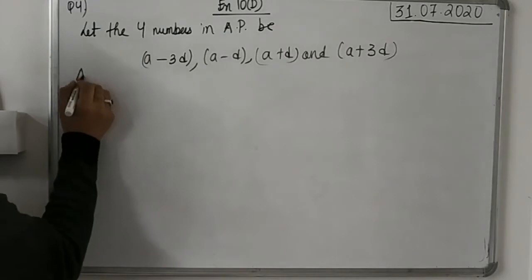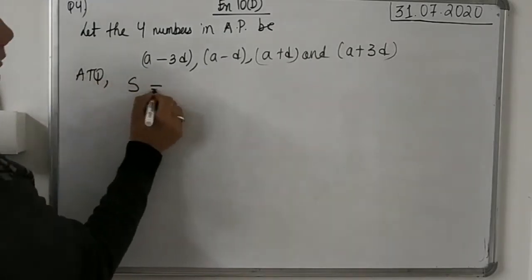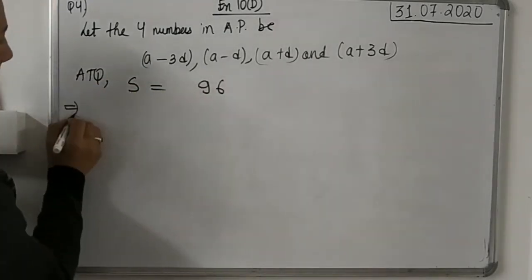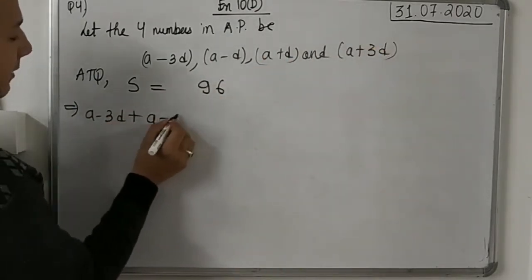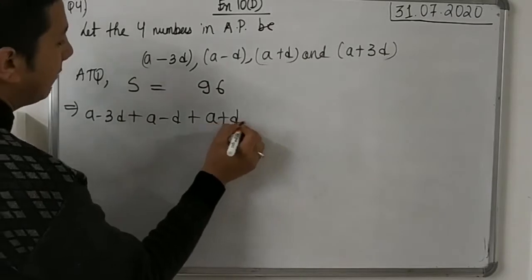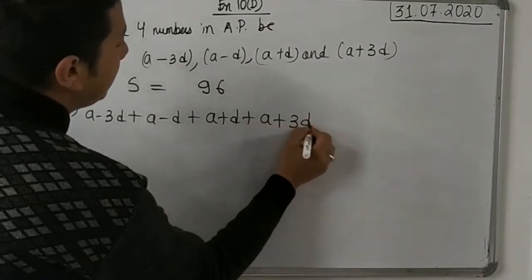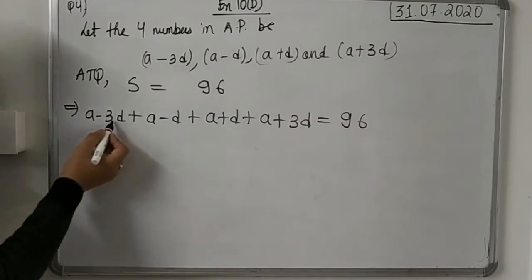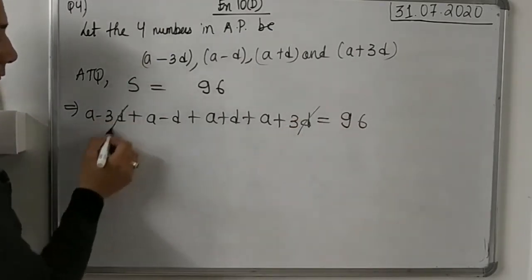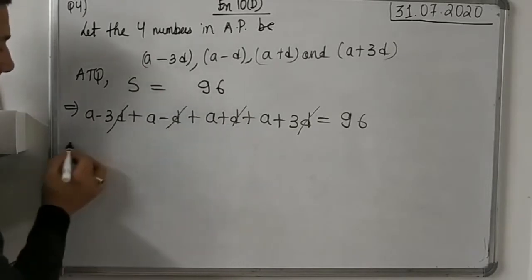So according to the question, sum is equal to 96. Sum means adding all of these: A minus 3D plus A minus D plus A plus D plus A plus 3D equals 96. Clearly, plus 3D minus 3D gets cancelled out, plus D minus D gets cancelled out.